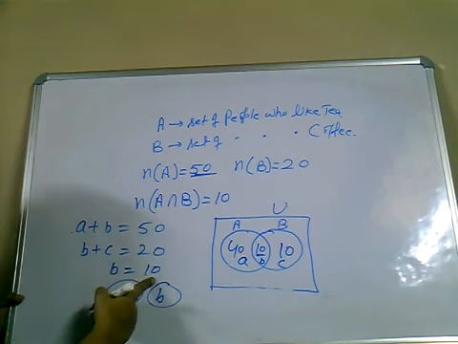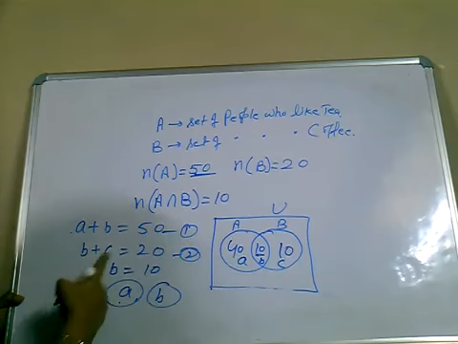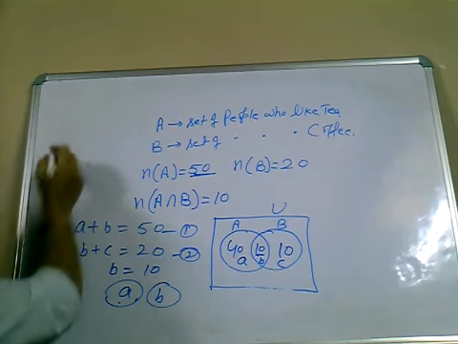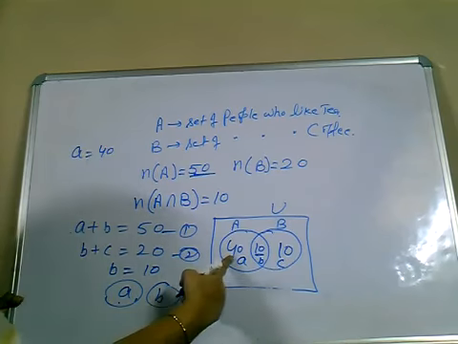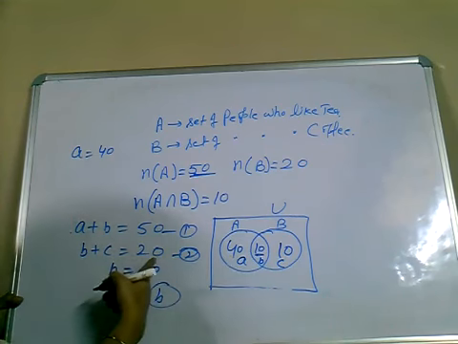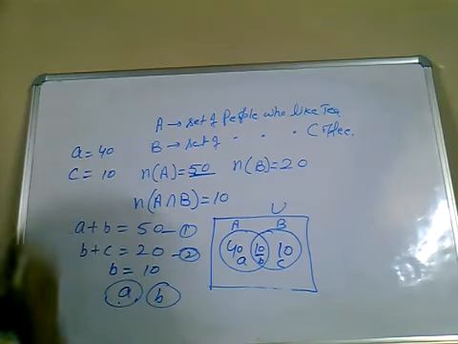Put the value of b in equations 1 and 2. If we put the value of b in equation 1, we will get a is equal to 40. In this way, a is 40. And when we put b is equal to 10 in equation 2, we will get c is equal to 10.